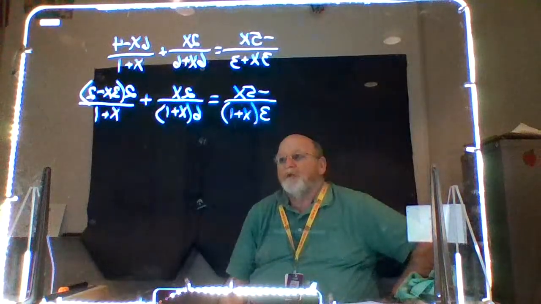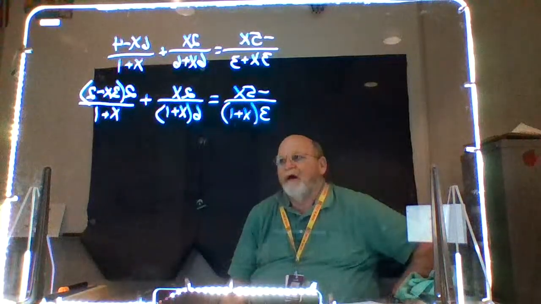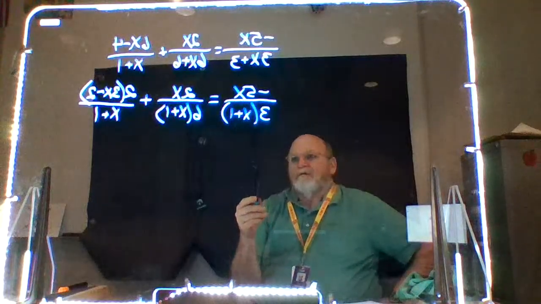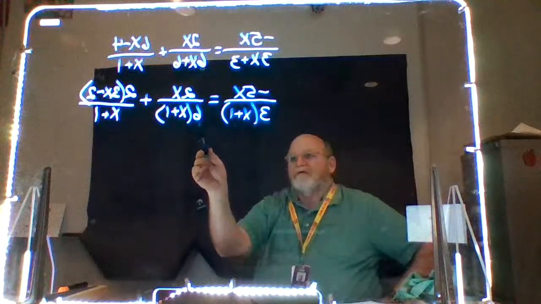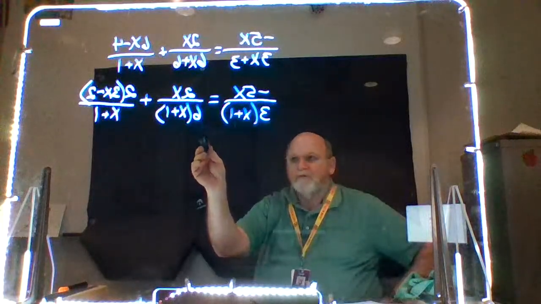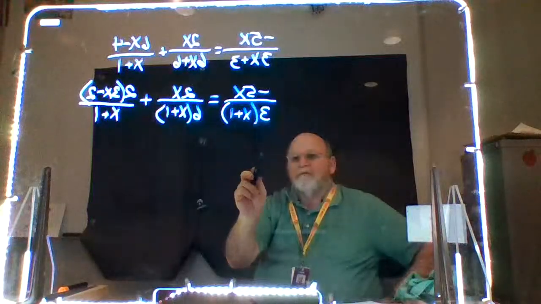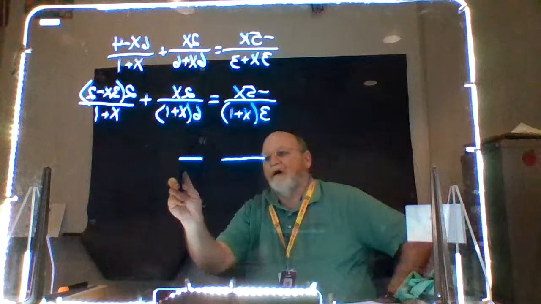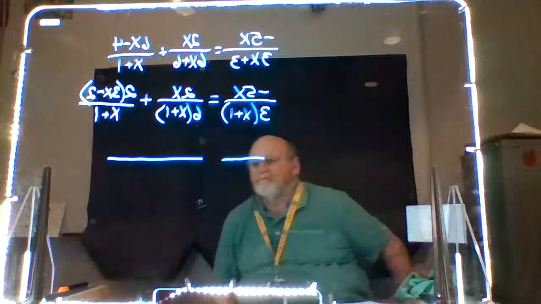This looks really, really good. Because really the only thing we have to worry about is that if we were to factor this, it'd be 2 times 3, right? The 6 would be 2 times 3. So we need to get a common denominator.